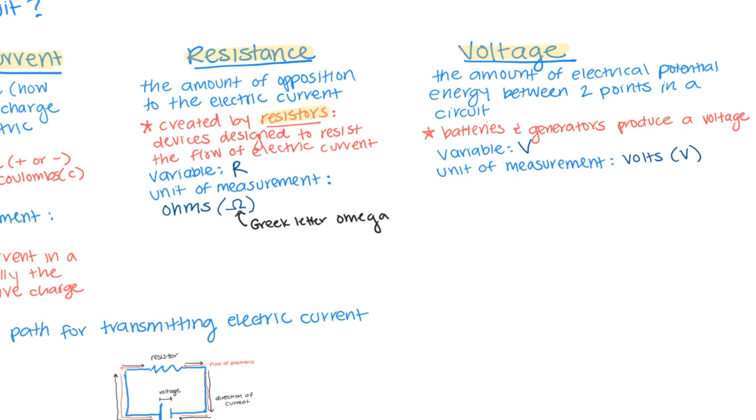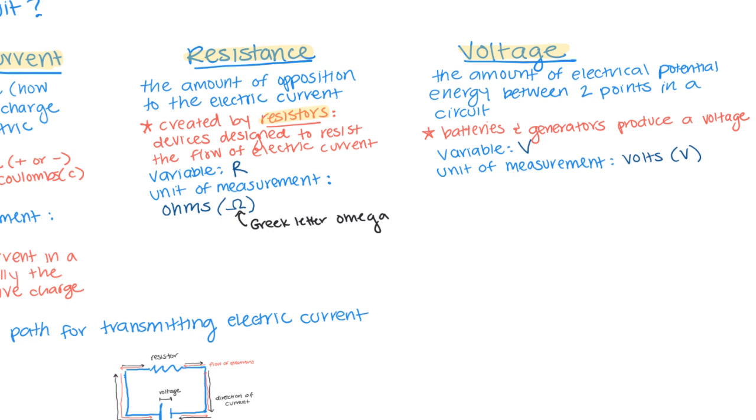We said there's kinetic, we said there's potential, we said there was nuclear energy, we talked about chemical energy. All right, voltage is a measure of the potential energy between 2 points. So we are measuring electrical potential energy using voltage, but we want to know the difference.